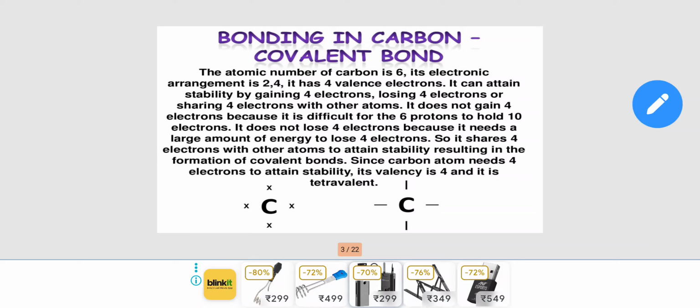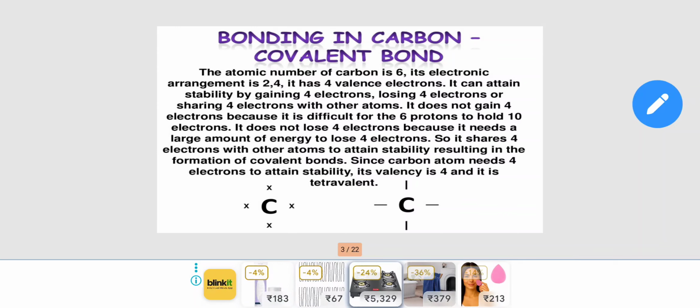It does not gain 4 electrons because it is difficult for 6 protons to hold 10 electrons. It does not lose 4 electrons because it needs a large amount of energy to lose them. So it shares 4 electrons with other atoms to attain stability, resulting in the formation of covalent bonds.